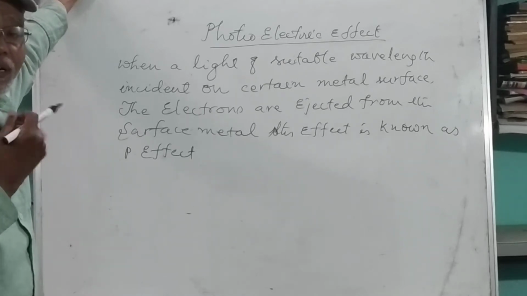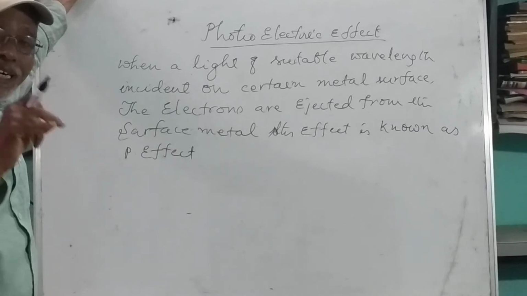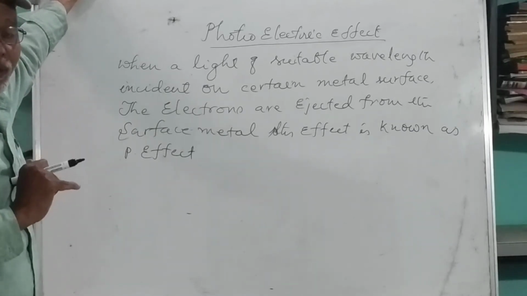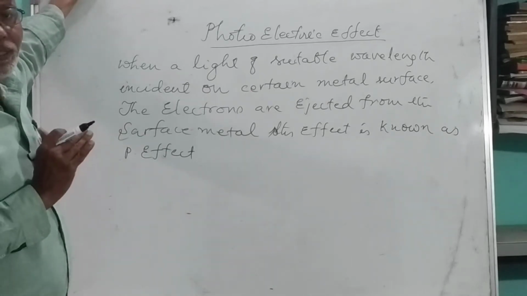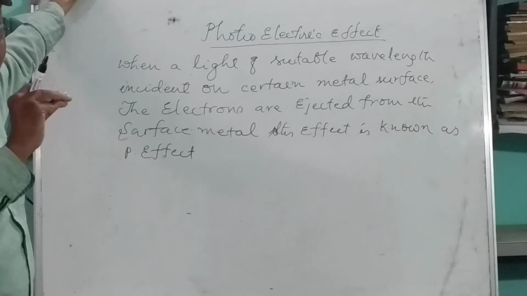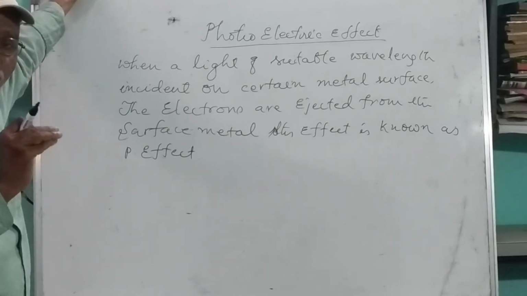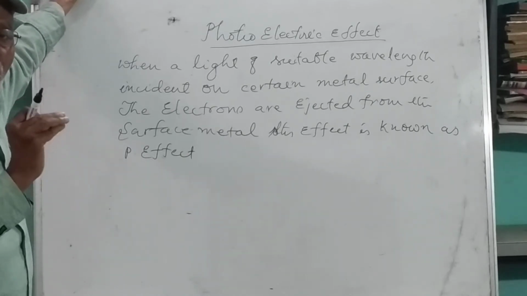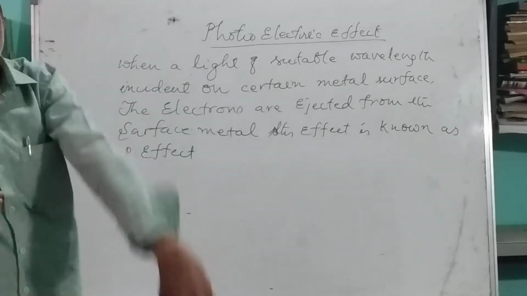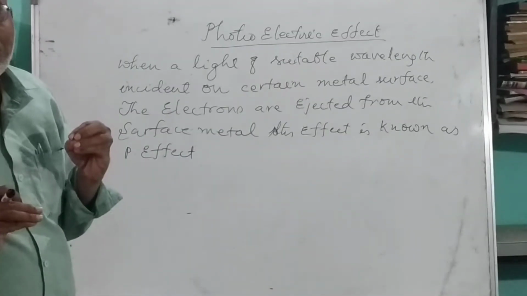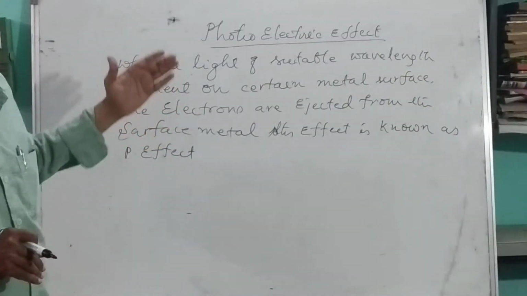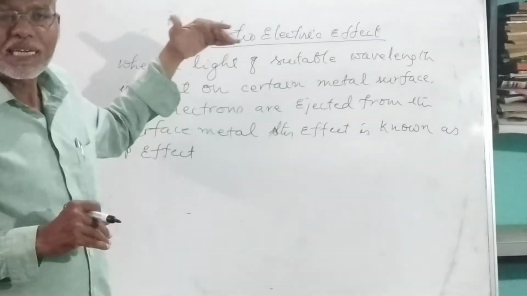The electrons liberated due to the incident light radiation. If these electrons pass through an external wire or circuit, they constitute the flow of photoelectrons, which is the photoelectric current. So far we have discussed what the photoelectric effect is.